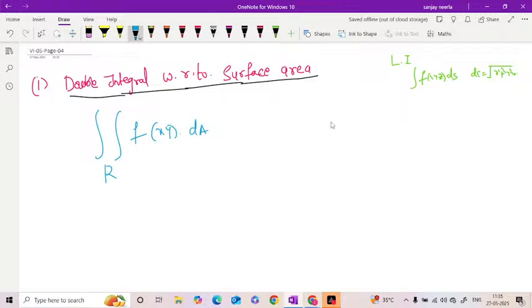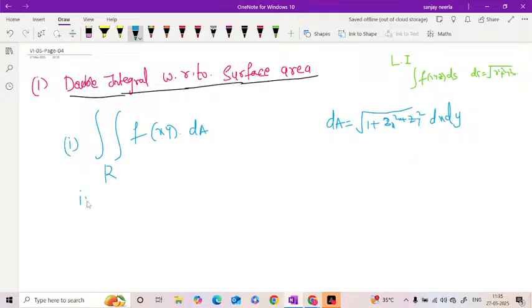Here the dA, on the xy plane, is under root of zx square plus zy square into dx into dy. This is the first one.